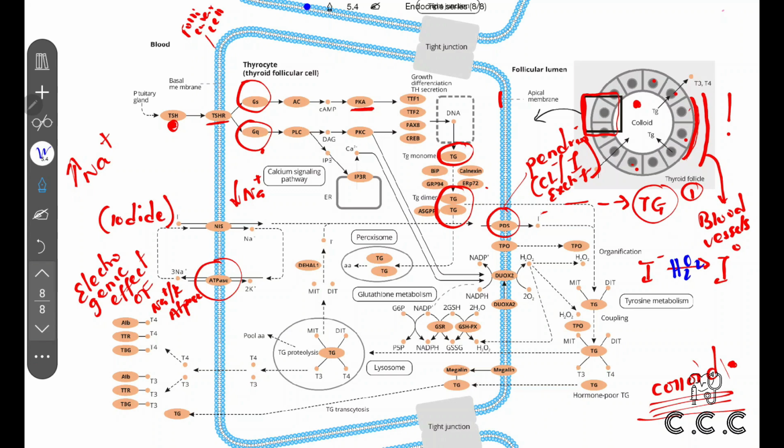Now you could see these are very strategic pumps or strategic enzymes that are located on the apical membrane. It is important that we remember that there is an apical and there is a basal membrane. The apical membrane faces towards the colloid, the basal membrane faces towards the blood vessel. Okay, and so within the apical membrane, we have our dual oxidase 2.